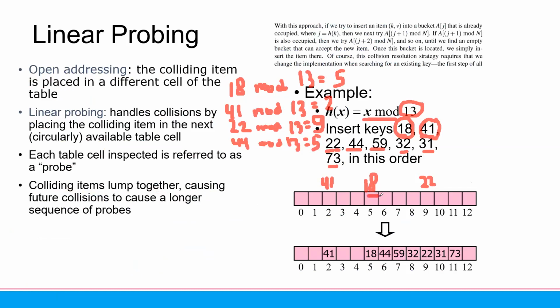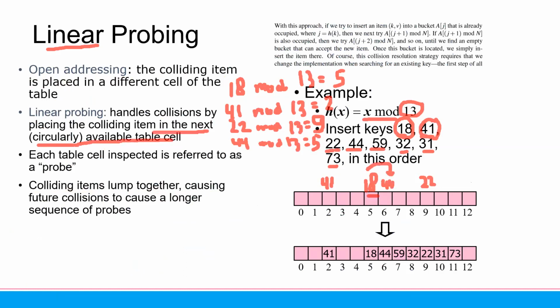So how can we handle this collision? We call this linear probing, because we need to put the element in the next circularly available table cell. So we go to the next, which is 6. 6 is empty, so we put 44 here.